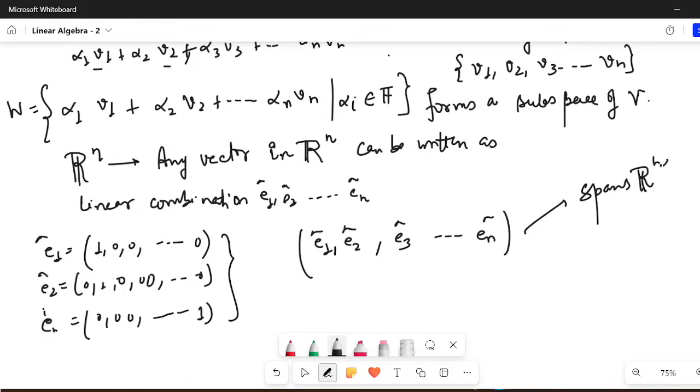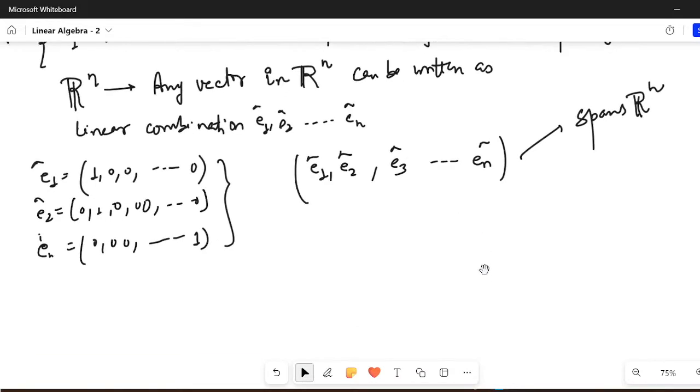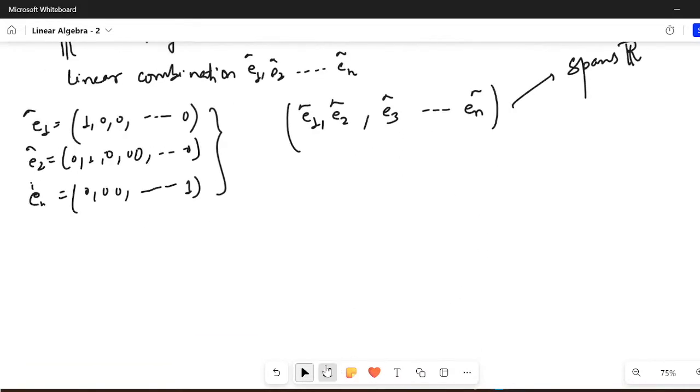Is that clear? Please let me know. Okay, so I should move further. So this is one thing. Now this brings us to the definition of linear span. What is a linear span?